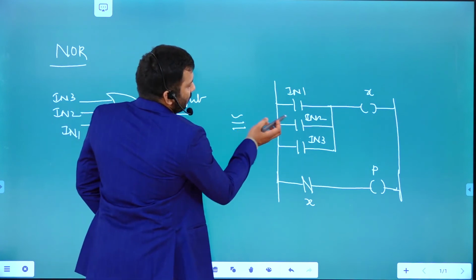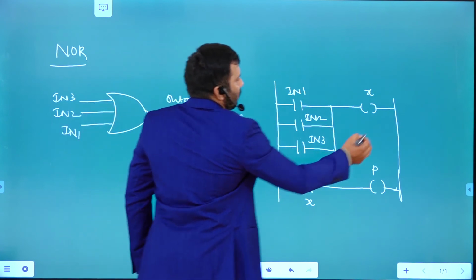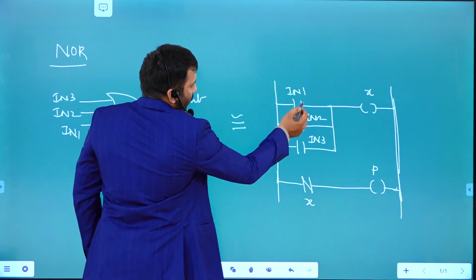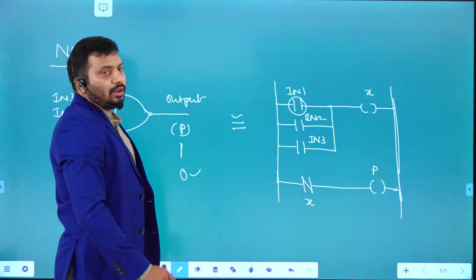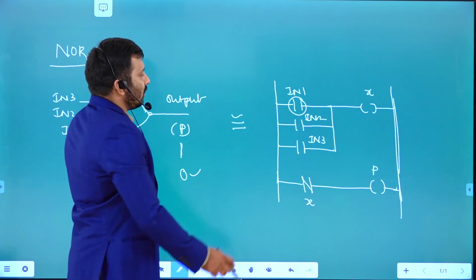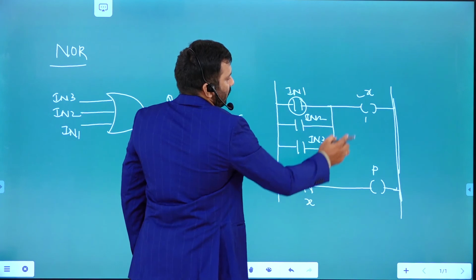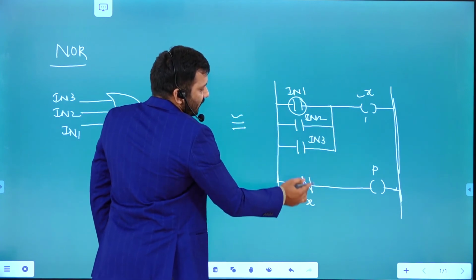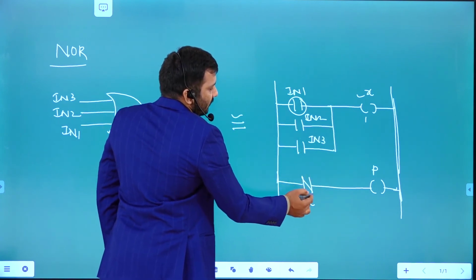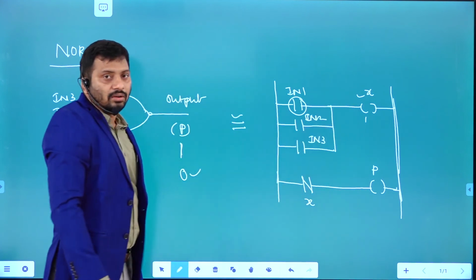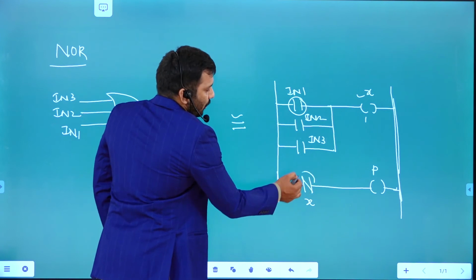If any one input is 1, for example, if you activate this particular input 1, then what will happen? This continuity will take place and X is going to become 1. Until then this is a normally closed contact, so up to that time the output is 1. But whenever it is activated, this is going to be opened.